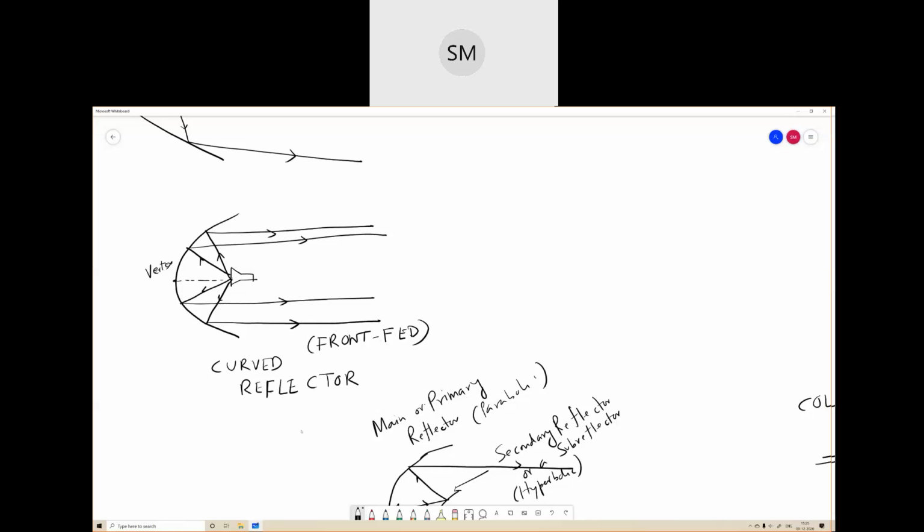Now, can you tell me, can a log periodic antenna be used as the feed of a parabolic reflector? What is the advantage or disadvantage of that? Do you understand the question?